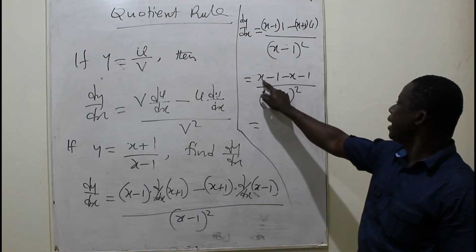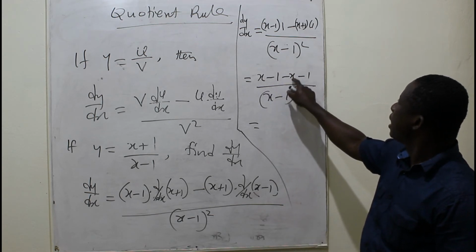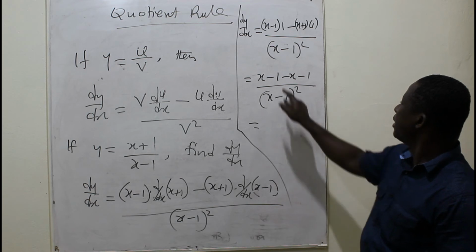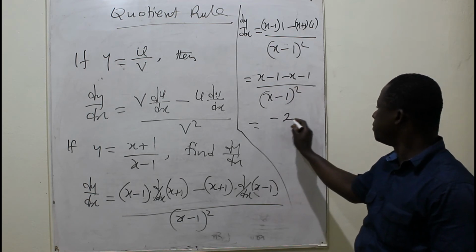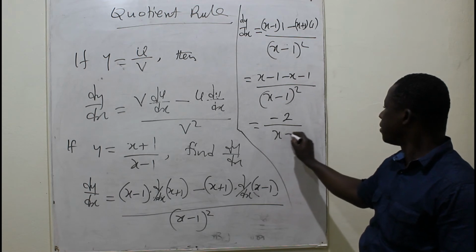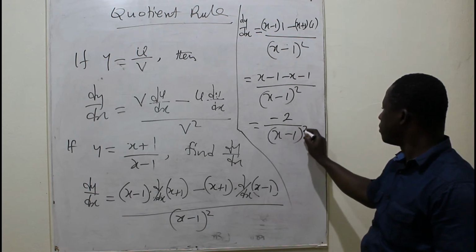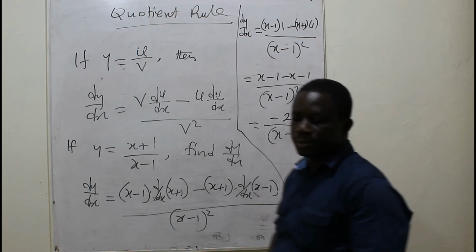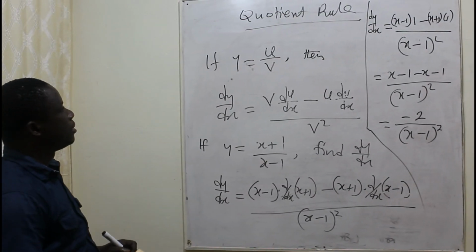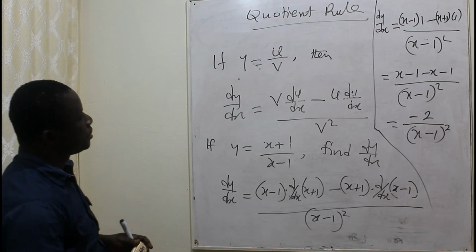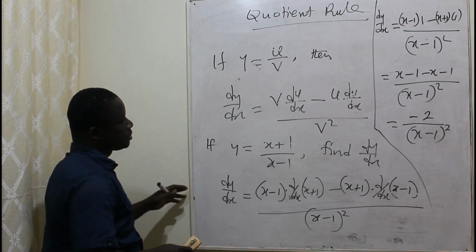It will be x minus x, and it will be 0. But negative 1 minus negative 1 is negative 2 all over (x minus 1) all squared. Good. So an example on the quotient rule is what I have demonstrated.